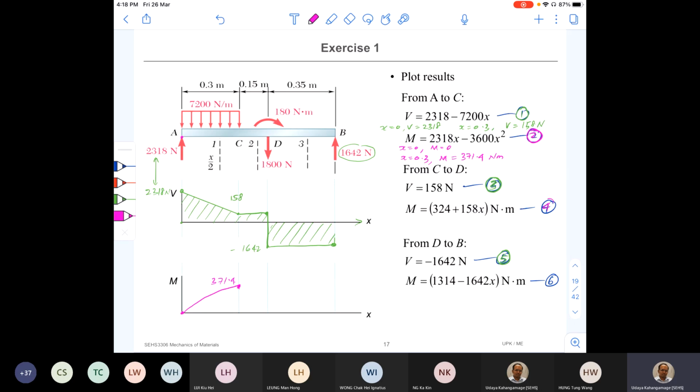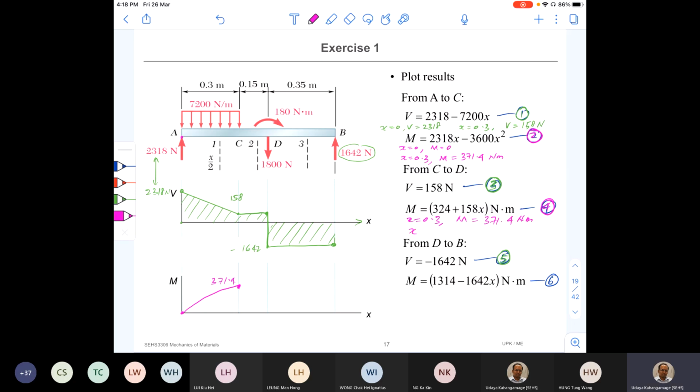Then go to equation number 4. There you can find the M at point x equal 0.3. If you do the calculation, you again find that the answer is the same, 371.4 Newton meter, correct. Same point.